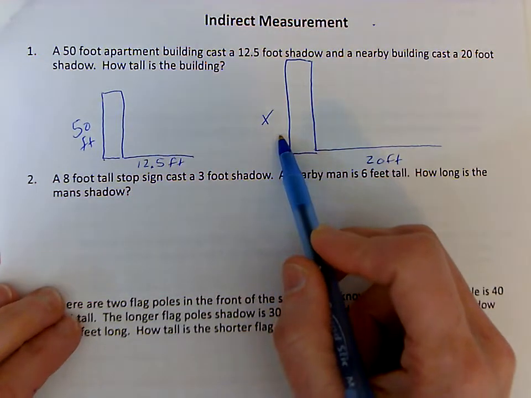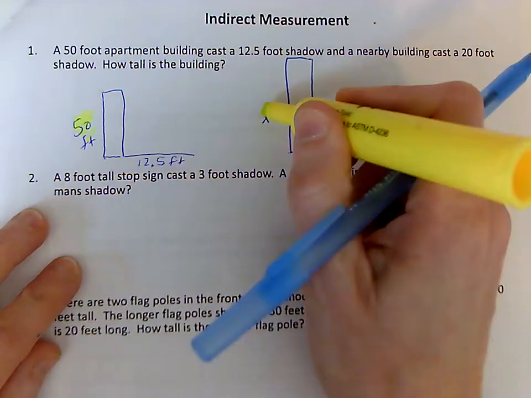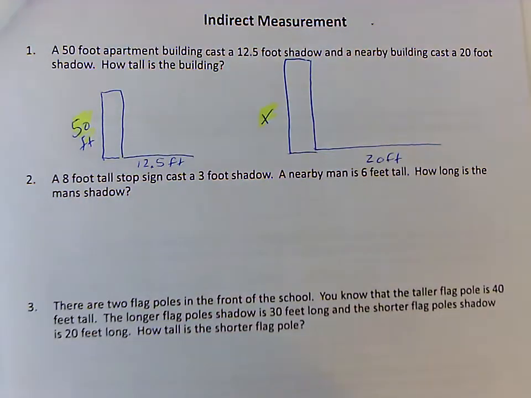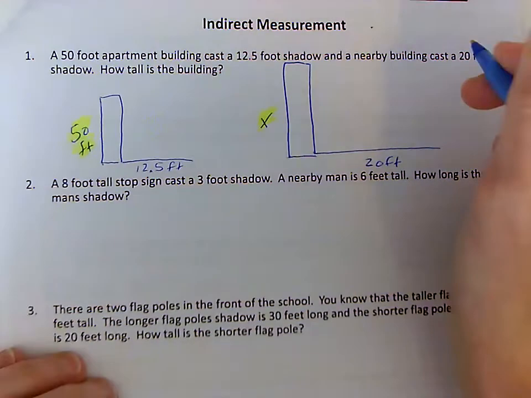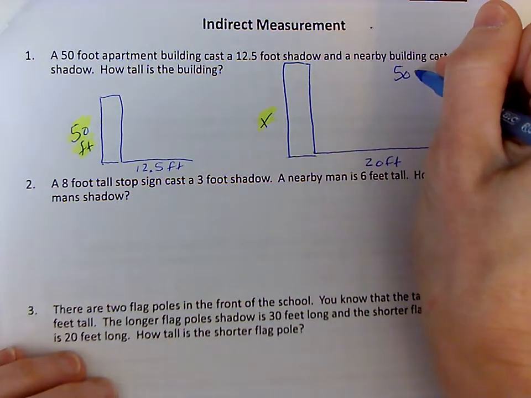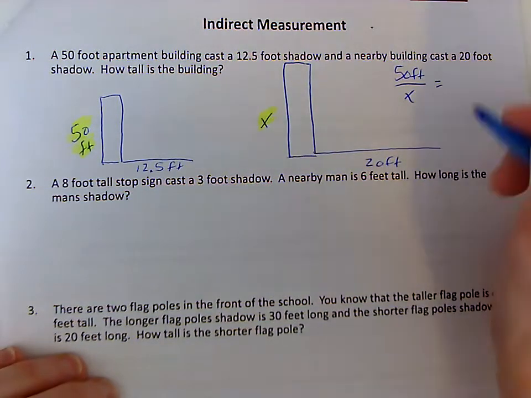So now what we're going to do is match corresponding sides and set a proportion up to find X. So 50 feet and X go together, right? So I'm going to make that my first fraction: 50 feet over X equals.